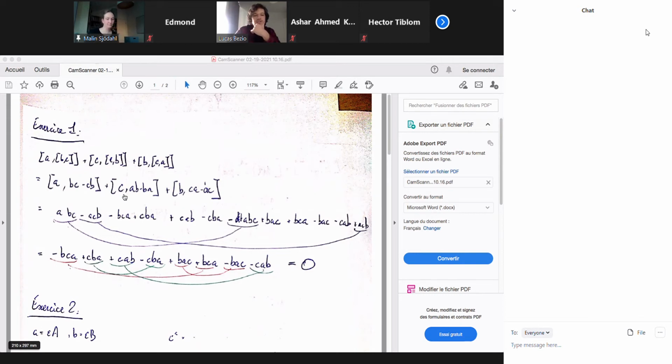So I chose to do a direct proof by expanding all commutators.